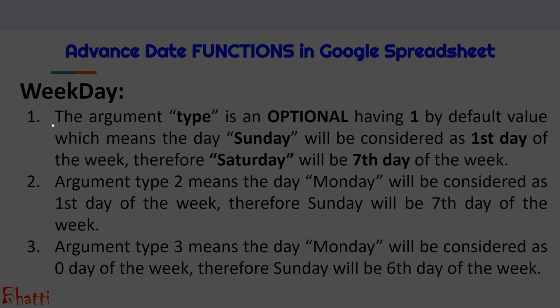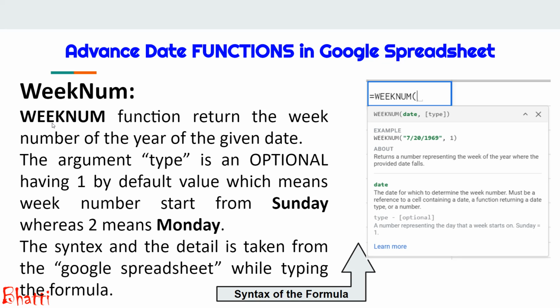Let us move on to the next formula, week number. As we know, we have 52 weeks, and most of the time for developing weekly reports, we need this formula to extract the week number from the date.